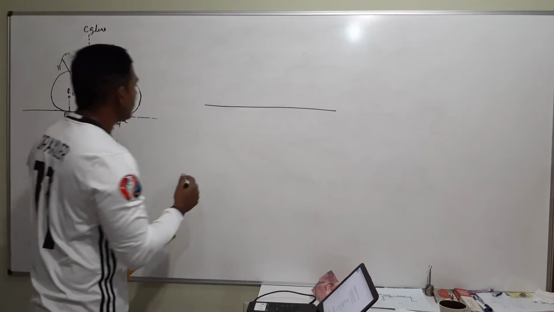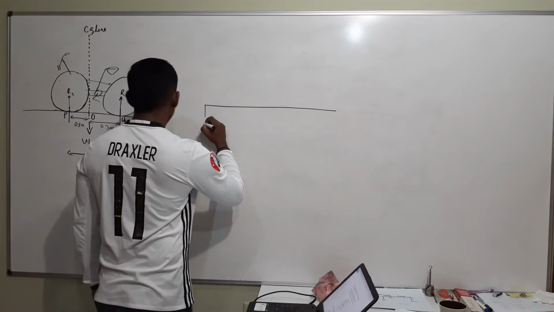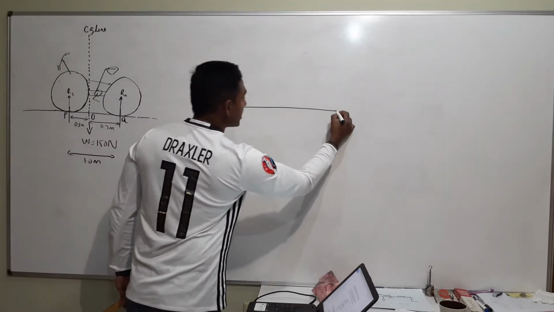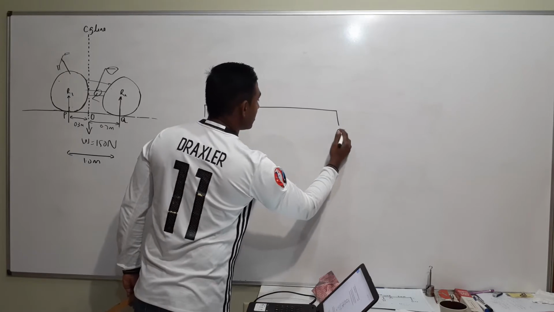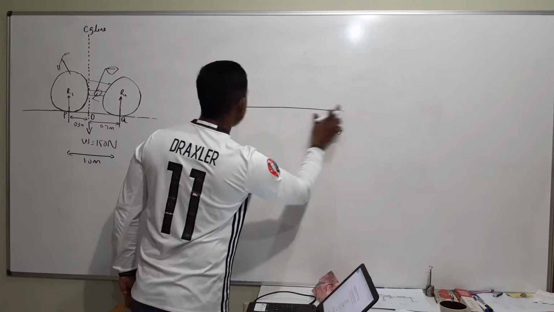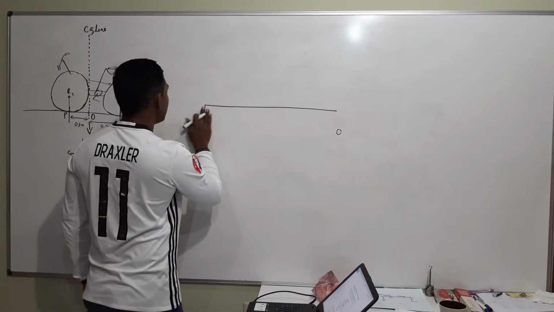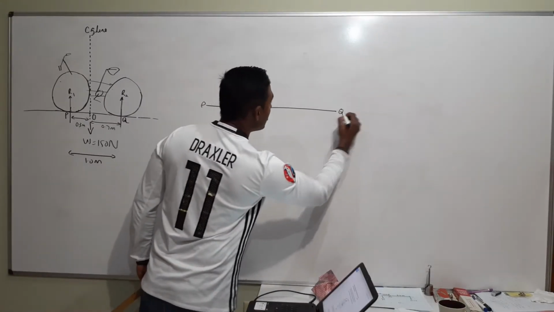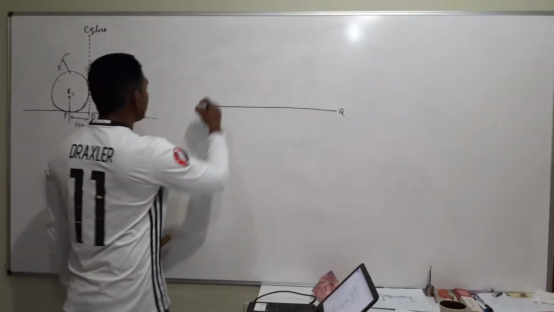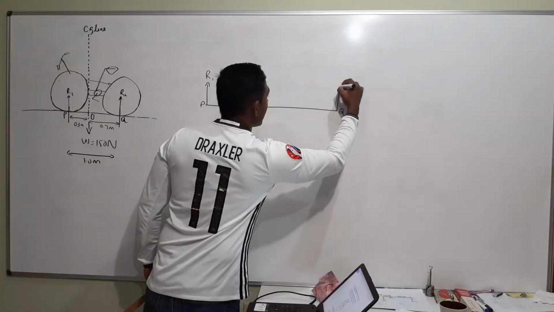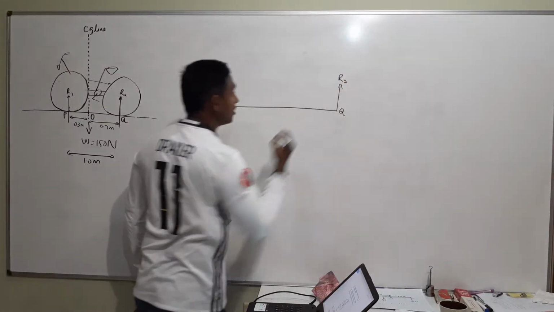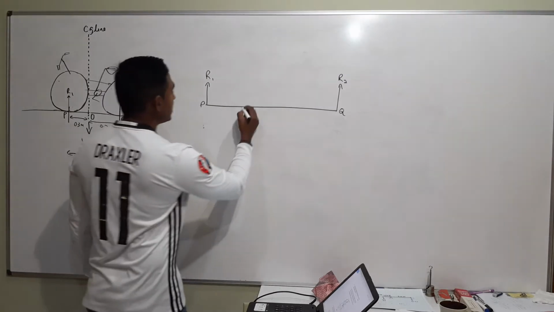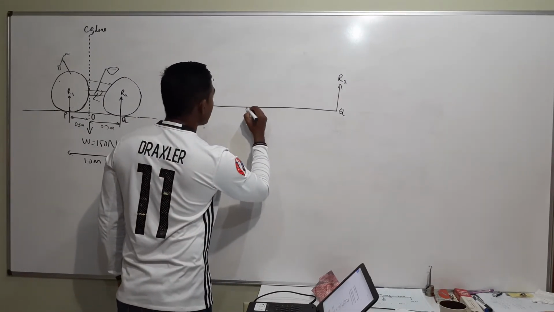And we put in points P and Q. So this is point P here, and this is point Q here. At point P, of course, we have a reaction force going upwards, that's R1. And at point Q, we have a reaction force going upwards, that's R2. Let's put in point O. Point O is somewhere about here.